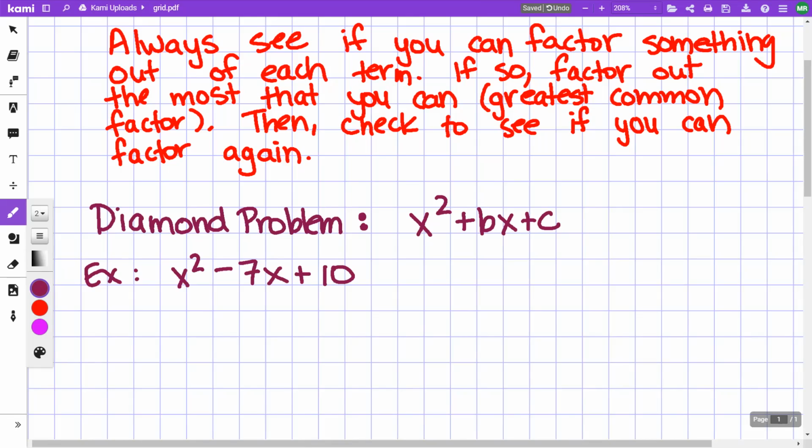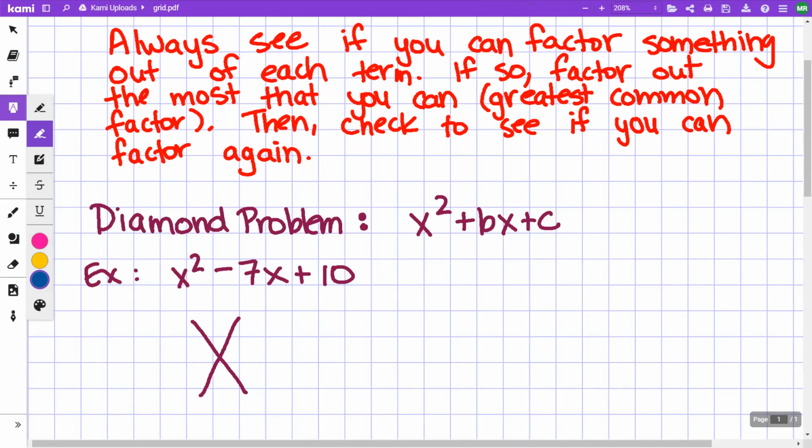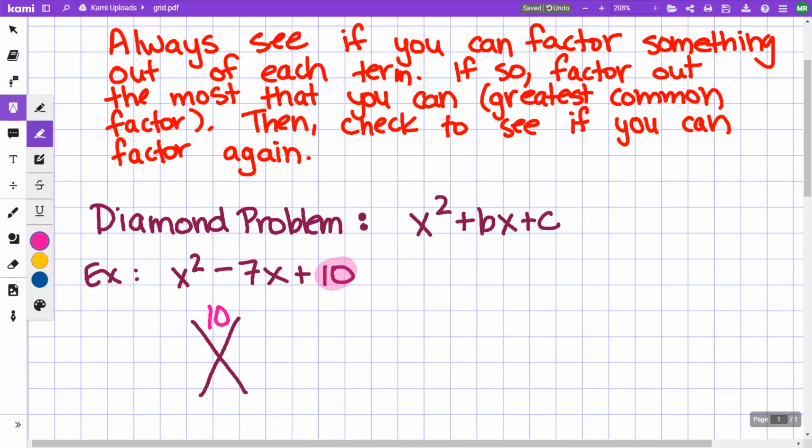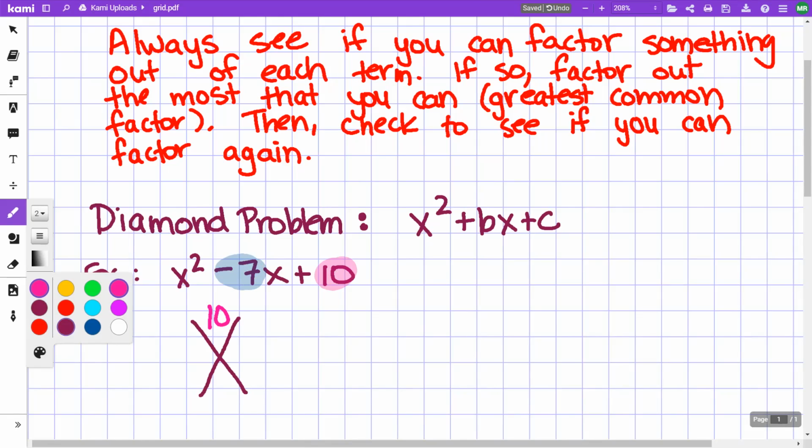In this situation, what you want to do is make a diamond, and the constant, that positive 10, is going to go as your product. You want to figure out what multiplies to 10. The x, which is this negative 7x, is what you are trying to add or combine to.